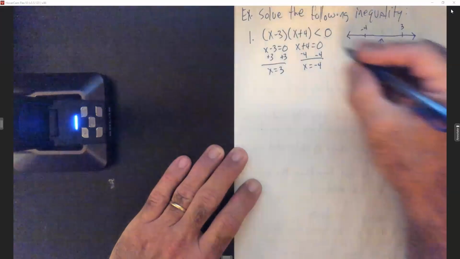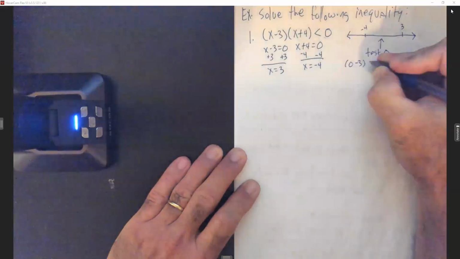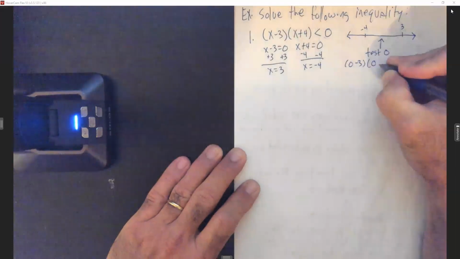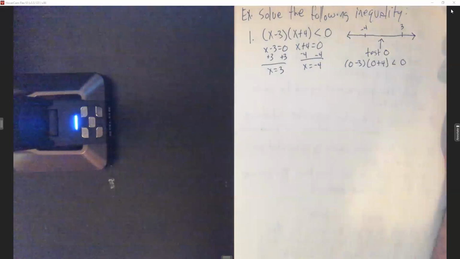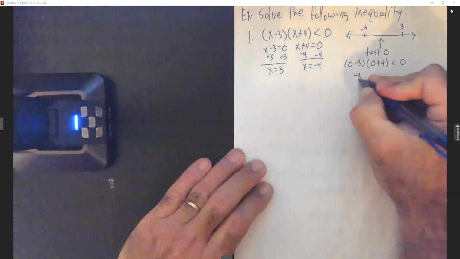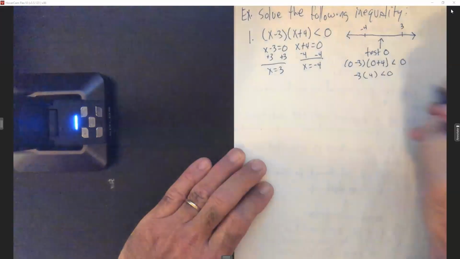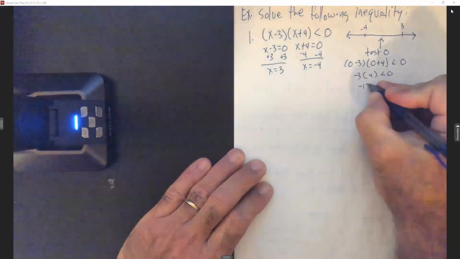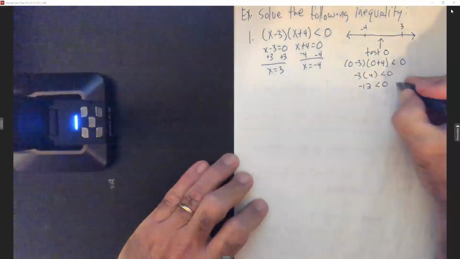So to test 0, put a 0 in. So I got 0 minus 3. 0 plus 4 has to be less than 0. So y'all, this gives me a negative 3 times 4 has to be less than 0. So negative 12 less than 0 is true.